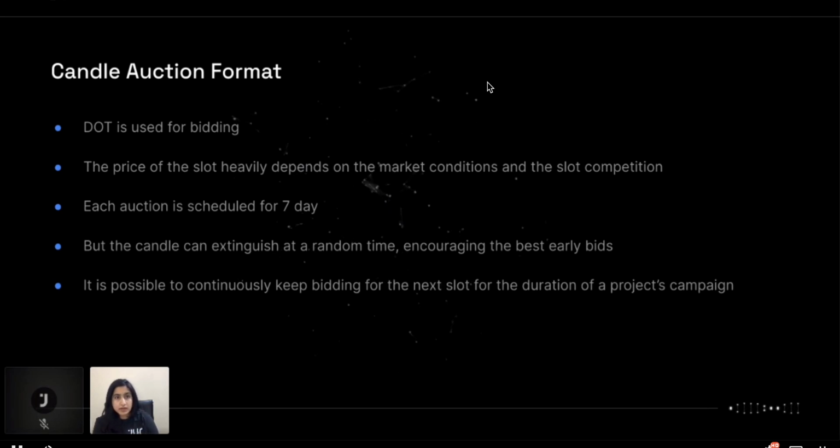But what really happens is that the auction code is designed in a way that it randomly chooses a day in between and takes a snapshot of the bids. Whoever has placed the highest bid until then naturally wins the slot. Because of this mechanism, it helps when the projects bid their best bids early. So it again keeps the competition very healthy.